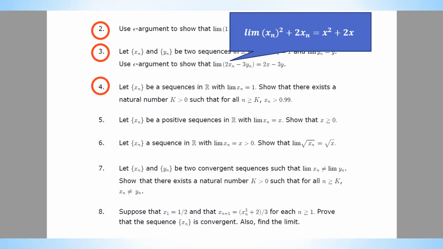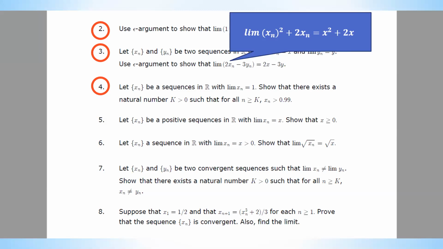You should be able to use the same approach to prove similar problems. For instance, think about the limit of xn equals 1. Here, you're required to show that xn is greater than 0.99 for n large enough. With the same argument, you can show that xn should be less than 1.01 on the other side. You can prove this, just so you can practice on that.